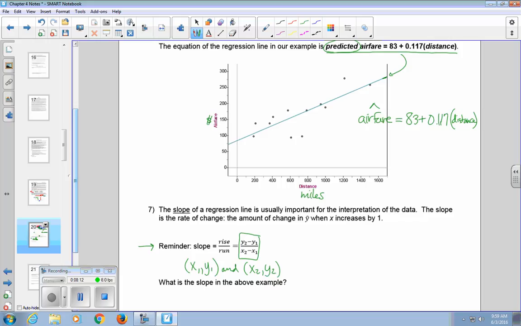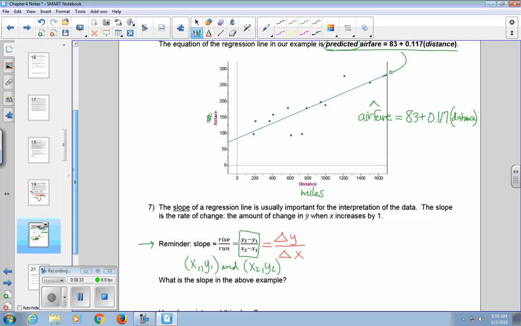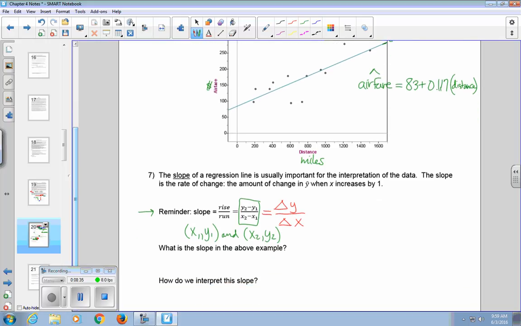We also have another way of describing this. We can think of it as the change in y, and we use delta or the triangle to say change. It's a change in y over the change in x. And this last one may help us a little bit more when it comes to interpreting these. So first step, what is the slope in the above example? Which value, what number is our slope? Well, remember, slope is always the coefficient of your x variable.